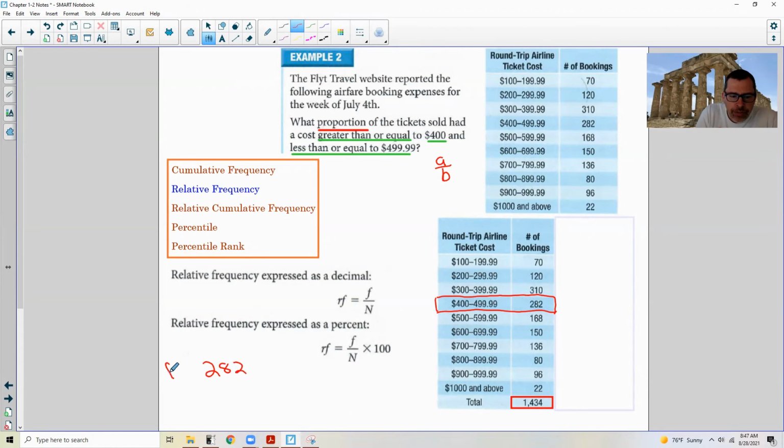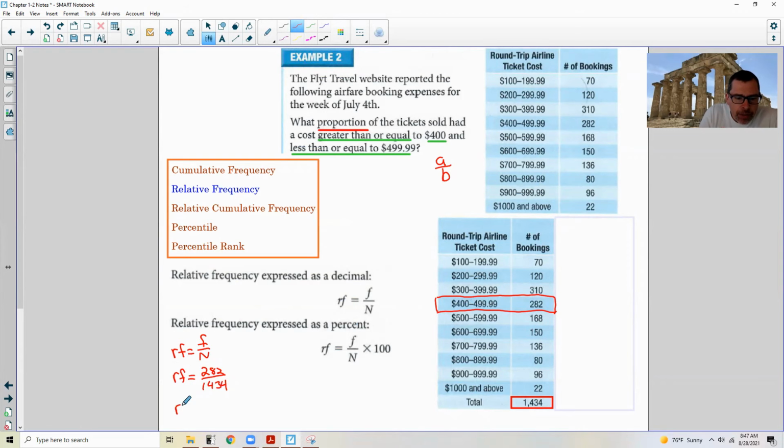So I'd say RF. And you should always write the formula. In math, I always have these 4 steps. How do you solve a problem? Step 1, write the formula. RF equals F divided by N. Step 2, substitute in the givens. RF equals 282 divided by 1434.